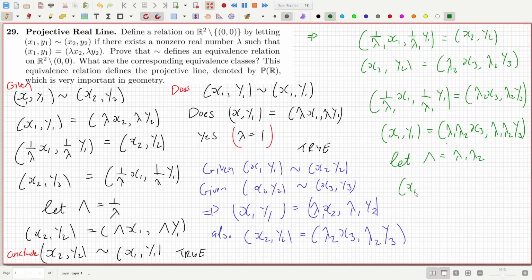Then we get (x1, y1) equals (λx3, λy3), or in other words, we can conclude that (x1, y1) is equivalent to (x3, y3). That's true.